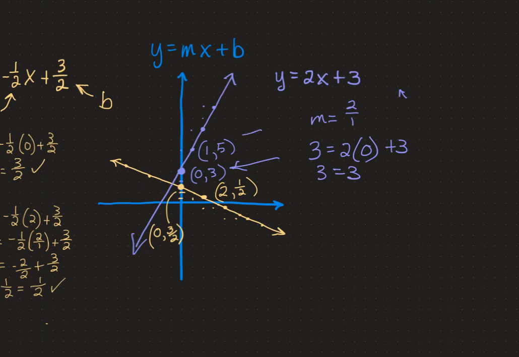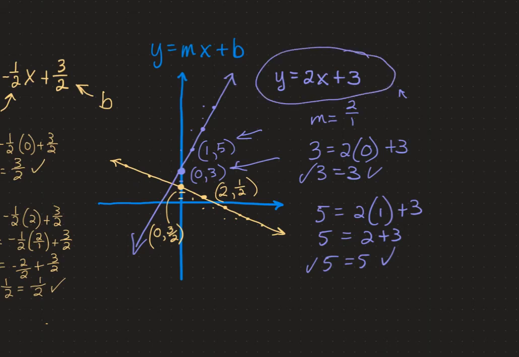If instead I put in the point 1, 5, the y value is 5, and the x value is 1. So 5 equals 2 plus 3. Is that true? Yes, because 5 equals 5. See, I have a true statement here. Those 2 points are on that line. Every point on that line will make this equation into a true statement.